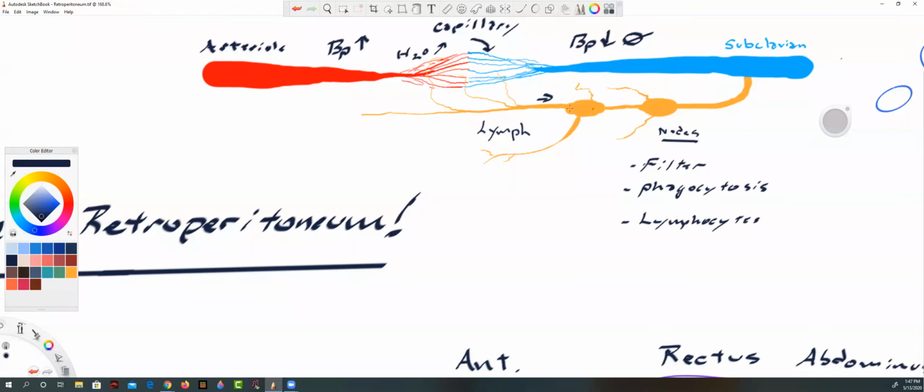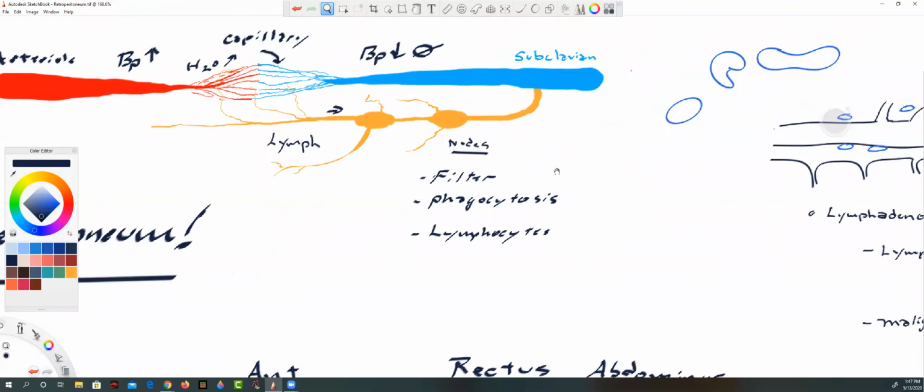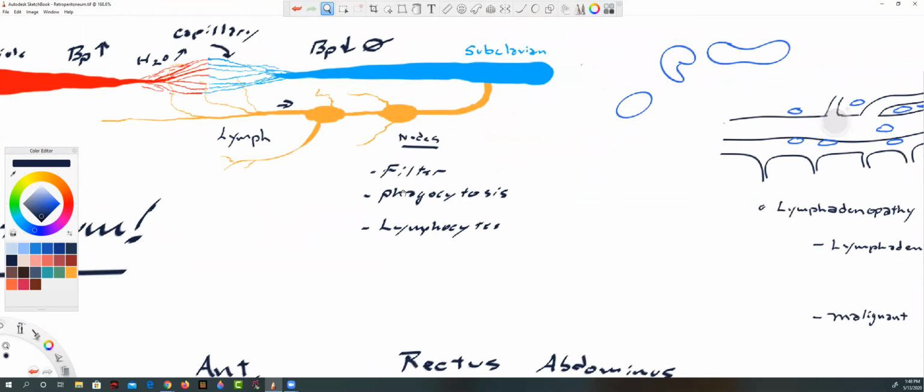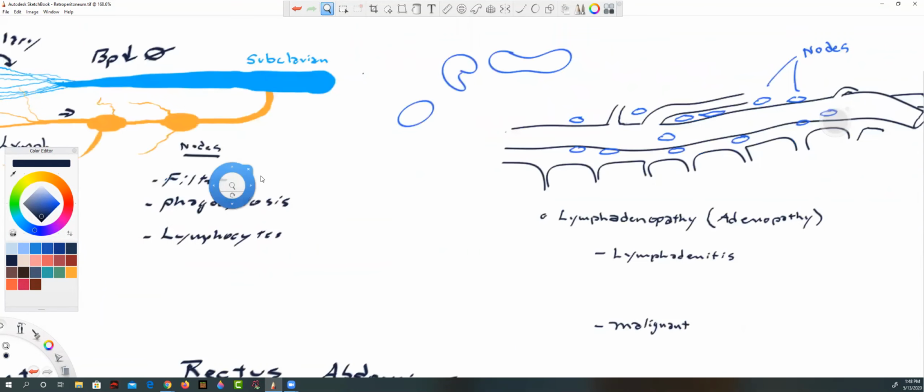So that's what happens in the lymph nodes, and that's one reason why we get lymphadenopathy, because either you have a bacteria or maybe even metastasis from a cancer going in to these lymph nodes. And when that happens, when a node has bacteria in it, well, it creates more lymphocytes, it gets bigger, and it fills itself with lymphocytes so it can attack as many bacteria, a little infection, or metastases as it can.